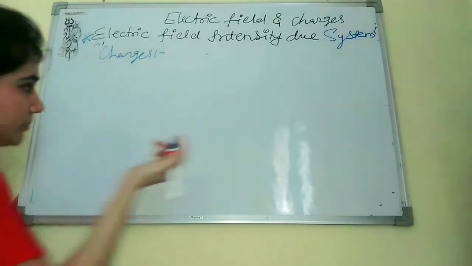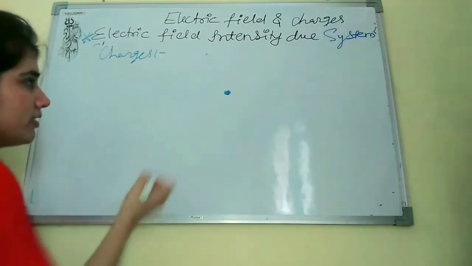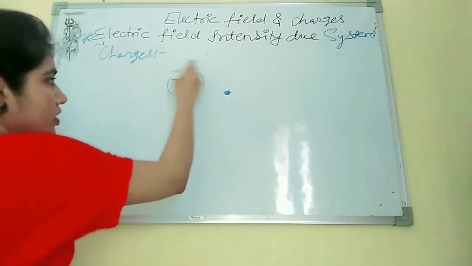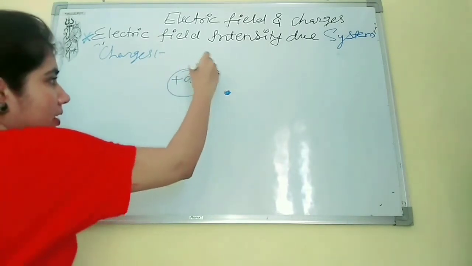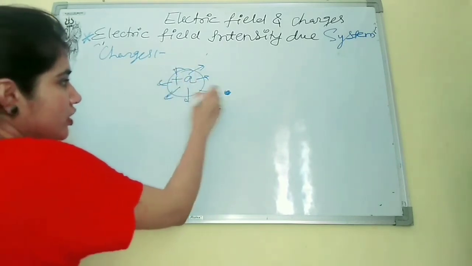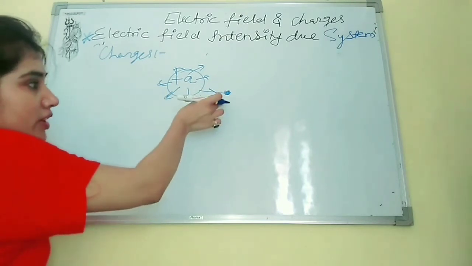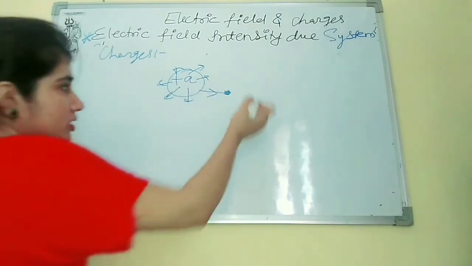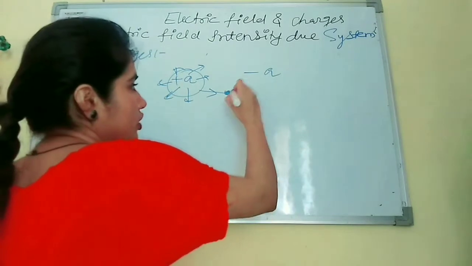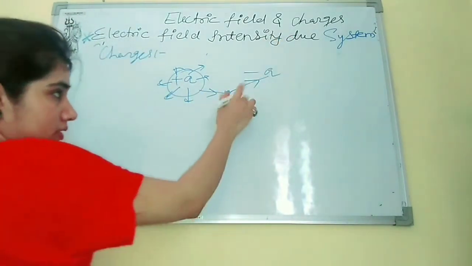Suppose a point charge has been placed here. This is plus Q charge, that means the impact will be away from the charge, so the electric field will lie in this direction. Suppose this is minus Q charge, so the electric field direction will be towards the charge.